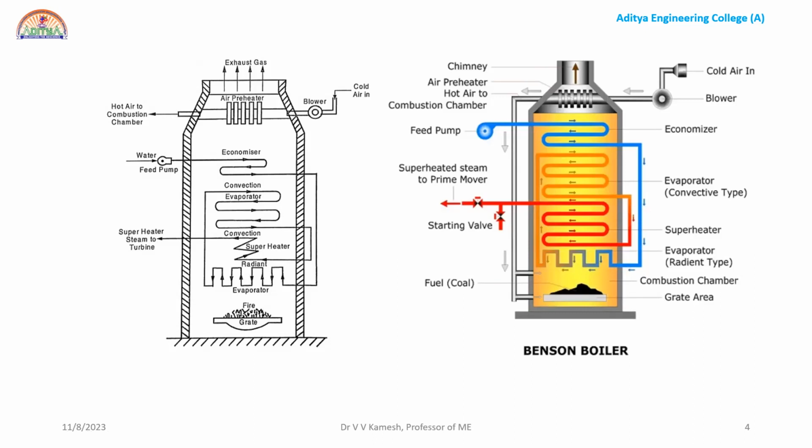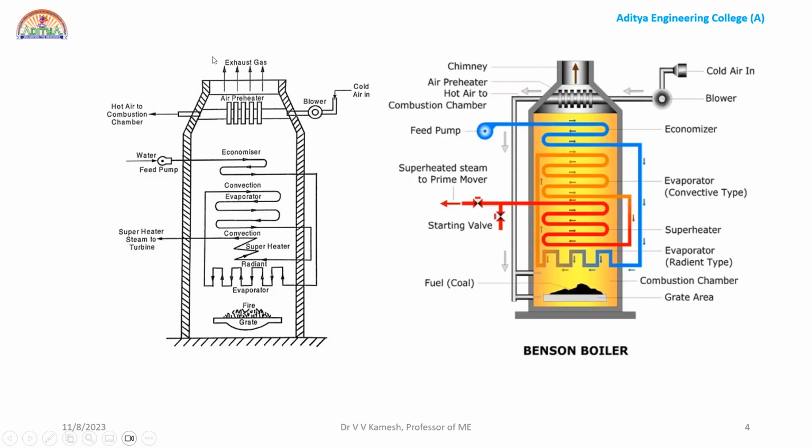The remaining addition of heat will increase the pressure of your steam. So the pressure will increase, and look at the left side, there is a starting valve and superheated steam goes to the prime mover. So the high pressure steam will be passed to the prime mover, which we call the turbine.